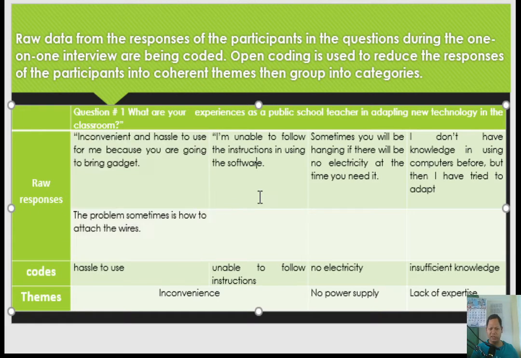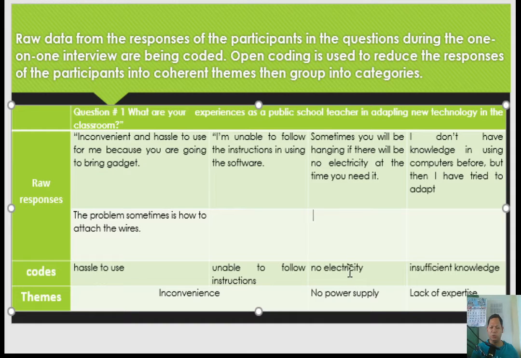So to sum up these raw responses of your participants. In the next answer, the participant says, I'm unable to follow the instructions in using the software. So I give here the code unable to follow instruction. Next, sometimes the computer will hang if there is no electricity at all.